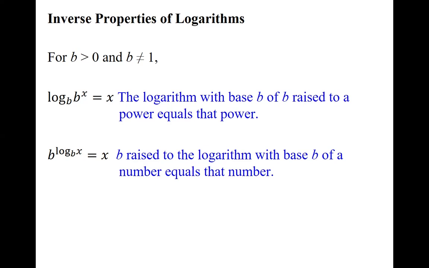Well, b to the x is b to the x. So it's like the log base b and the base b cancel each other out, just leaving us with the exponent x as a full-fledged number, not an exponent.